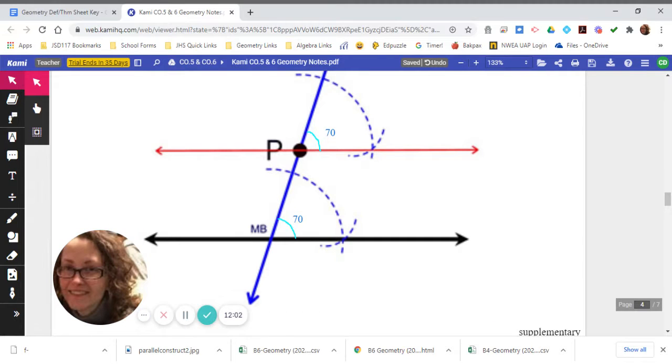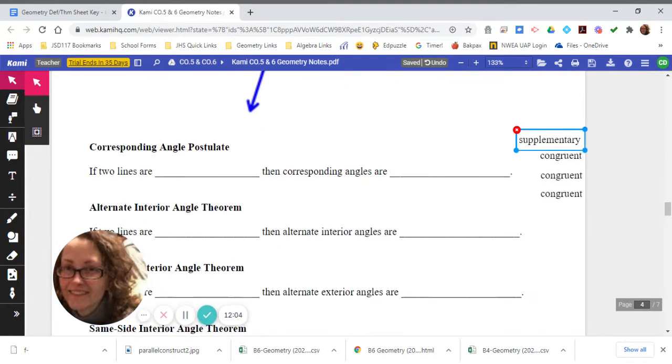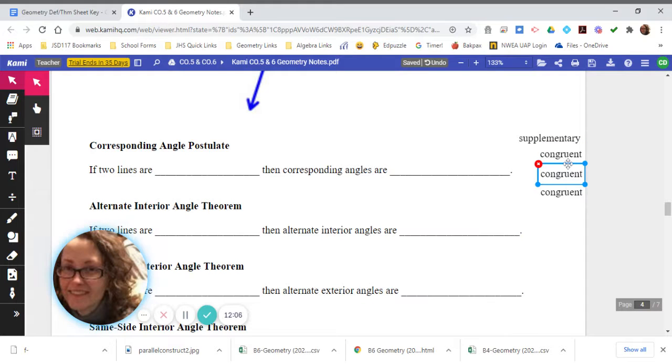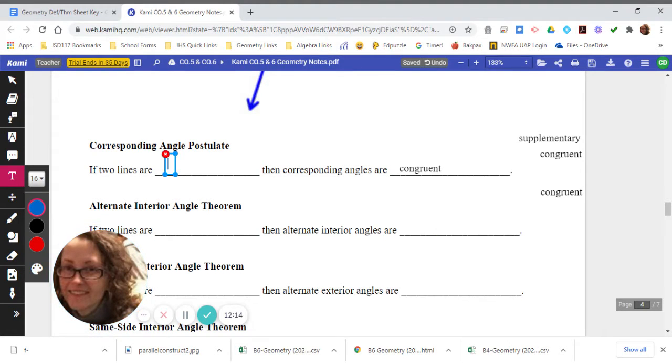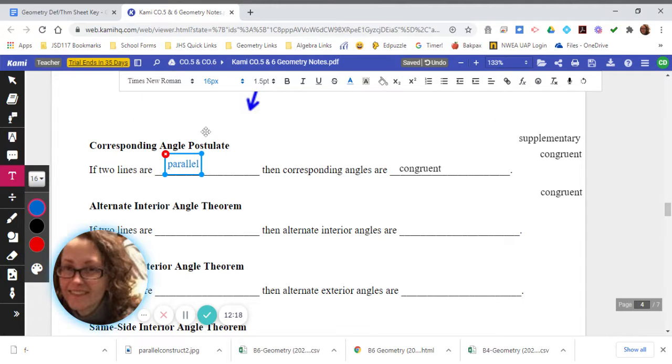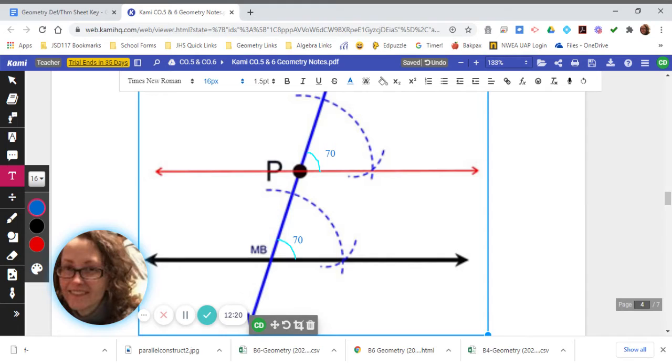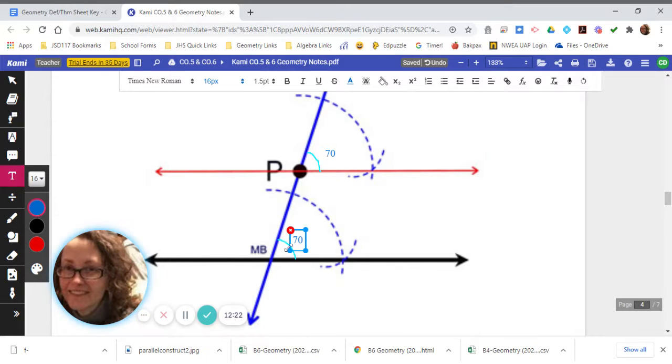So for those two corresponding angles, I found that they were congruent. That only is true if I know that my two lines are parallel, which is what we constructed these two lines to be.